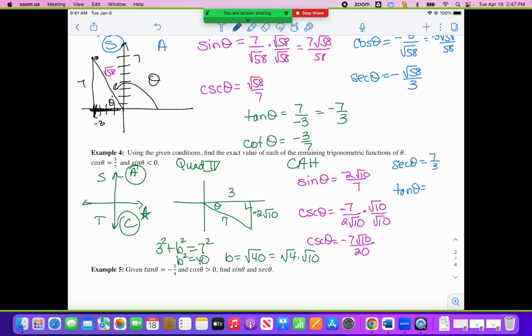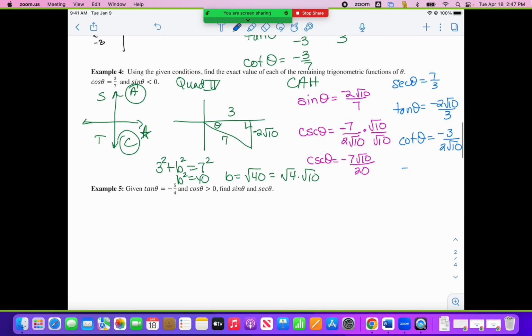Tangent is TOA, -2 square root 10 over 3. Excuse me, TOA, opposite over adjacent. Then cotangent, I'm going to put the negative up in the top. Yuck. I've got to rationalize that. So that's -3 square root 10 over 20.